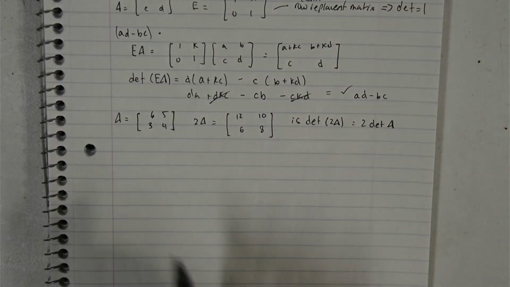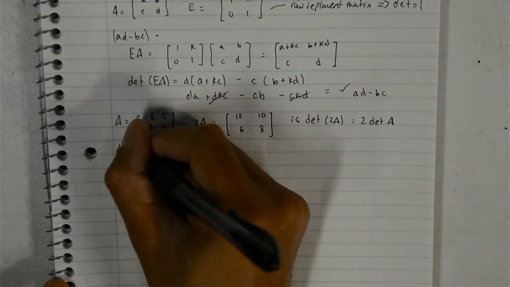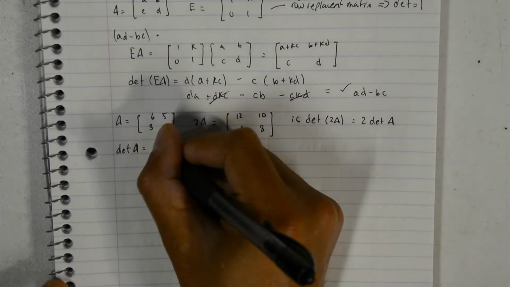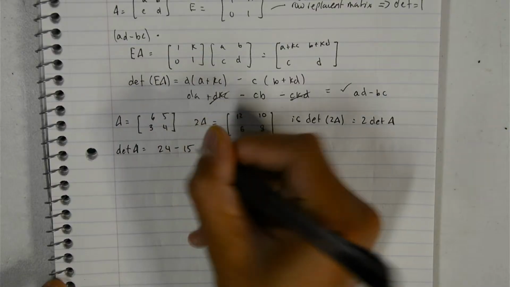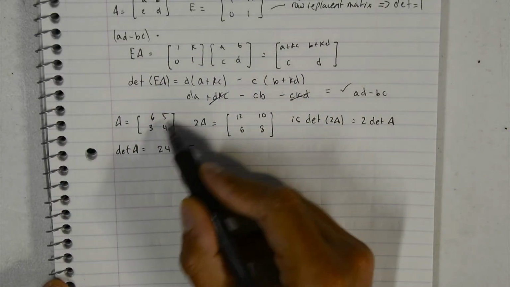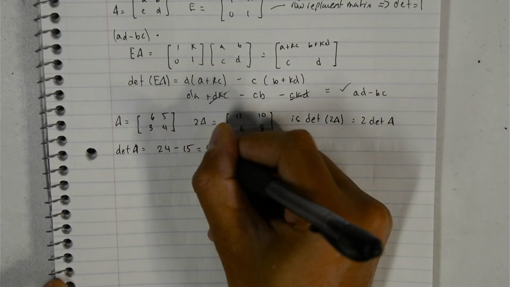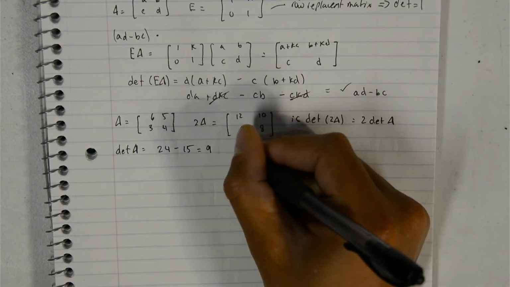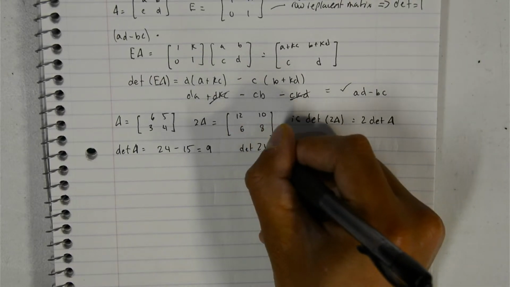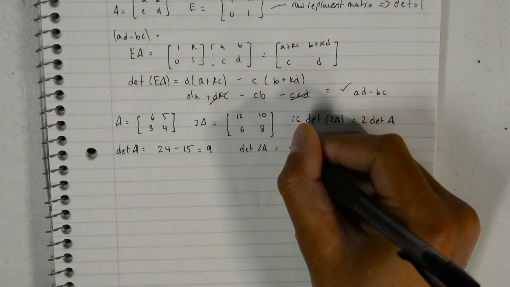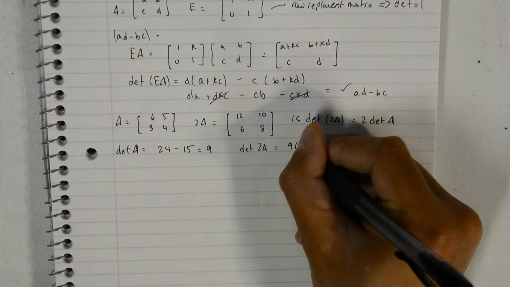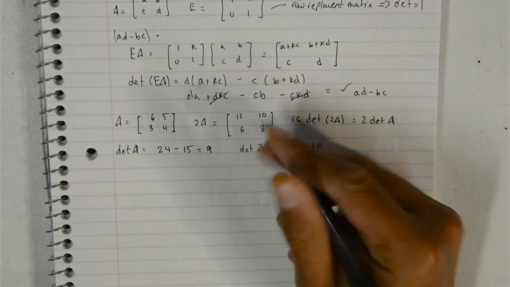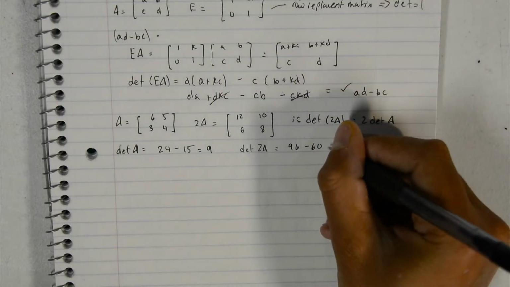So det A is equal to 24 minus 15, because we have 6 times 4 minus 3 times 5, which is 9. Okay, det 2A is equal to 96 minus 60, equal to 36.